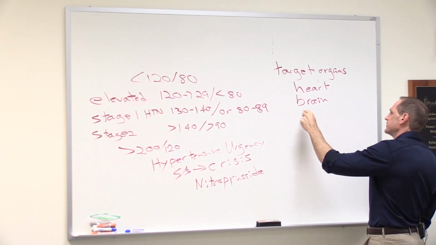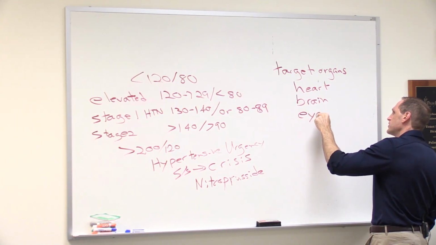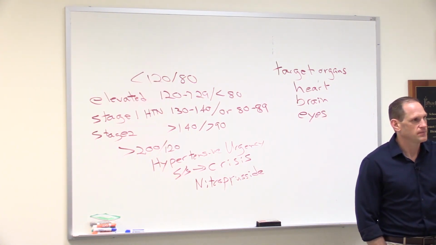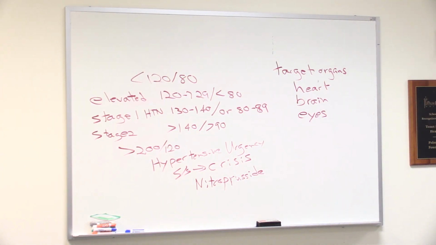Oh, the eyes. Why is he making crazy eyes at us? So sometimes you'll see that high blood pressure is the leading cause of blindness. Sometimes you'll see diabetes as the leading cause of blindness. And sometimes you'll see macular degeneration as the leading cause of blindness. No matter how you cut it, a leading cause of blindness is high blood pressure.